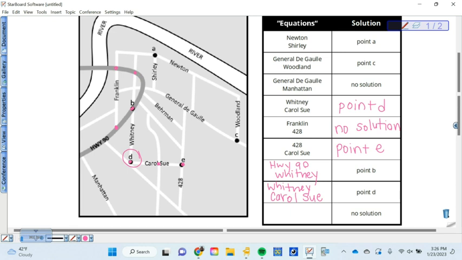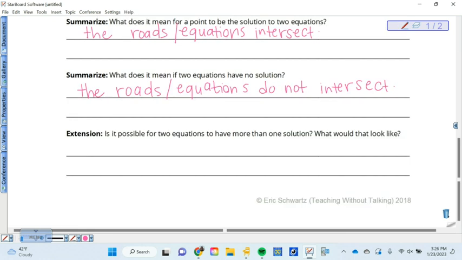And we'll get there, I think tomorrow we'll talk more about that. Okay, so the only way for two equations to have more than one solution is if one equation is nonlinear. So if it's not straight. So yes, it is possible.